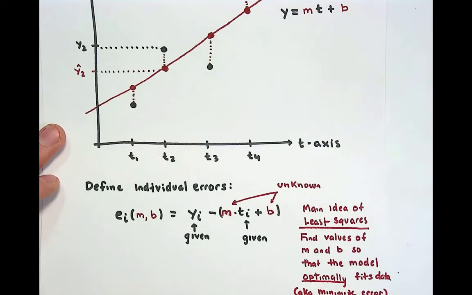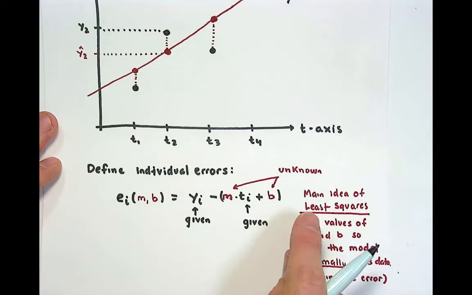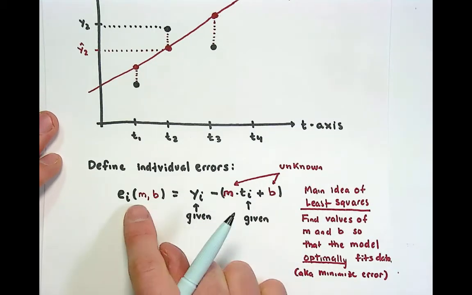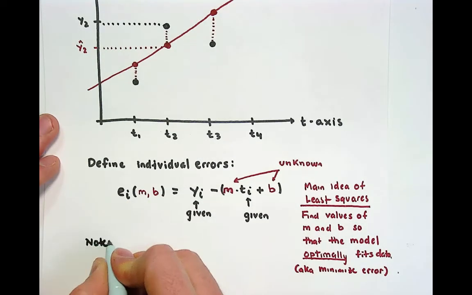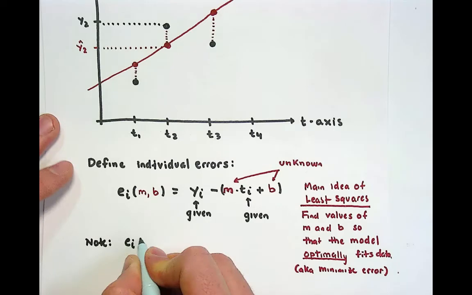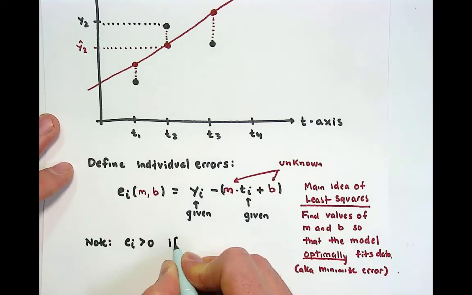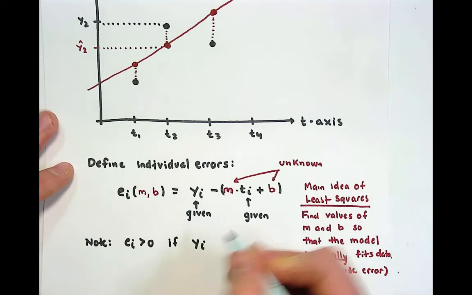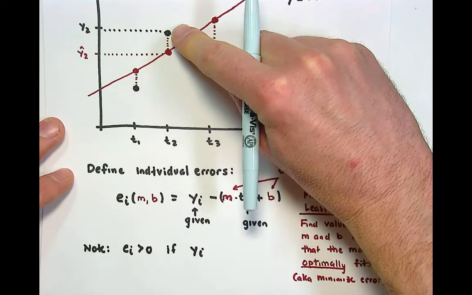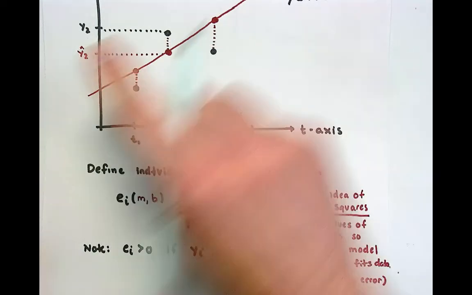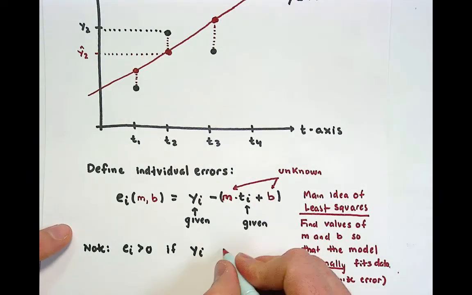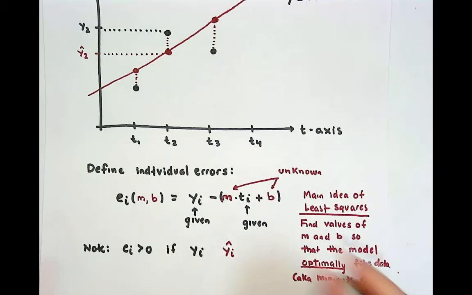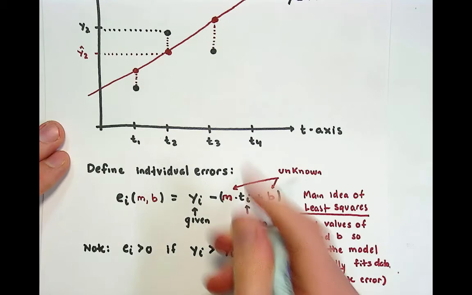I want to make a quick announcement before we go on about this error function. Note, e sub i can be positive if the collected output is bigger than the model output, which is the case here, right?